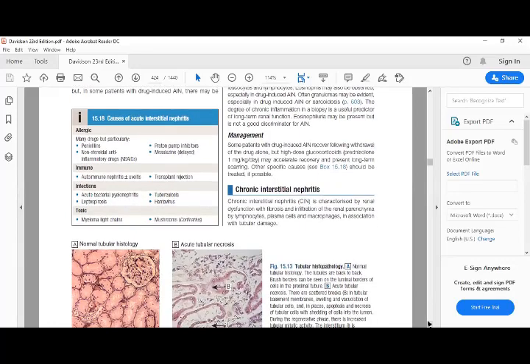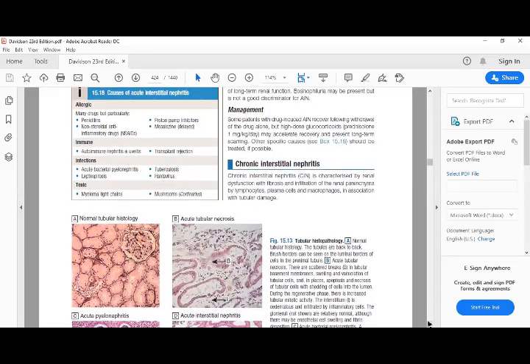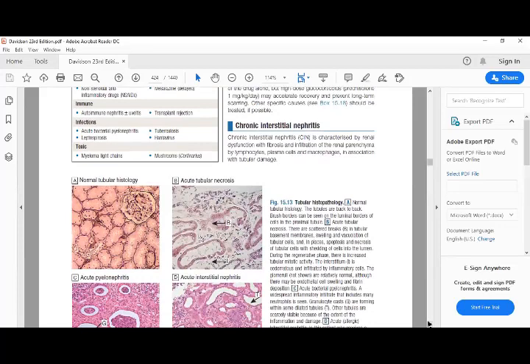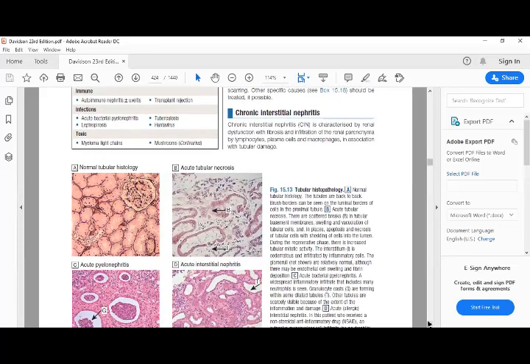Chronic interstitial nephritis. First, I would like to show you the normal tubular histology. This is acute tubular necrosis, in which there is damage of the tubules, and there is interstitial edema and interstitial inflammatory cells.